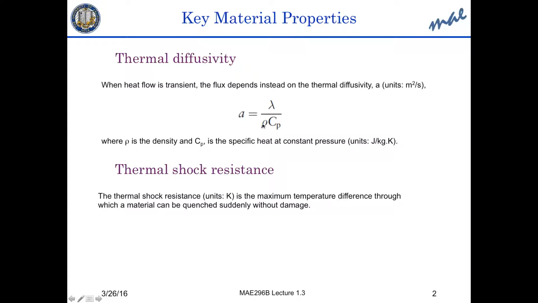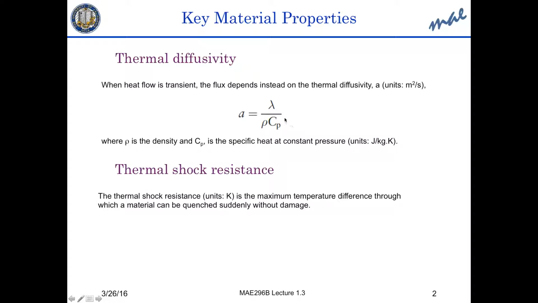So if we look at the thermal diffusivity, it is defined as the ratio of the thermal conductivity divided by the product of the density times the specific heat at constant pressure. So the specific heat at constant pressure has the units of joules, which is energy, divided by kilogram, so it's energy per unit kilogram per unit Kelvin.